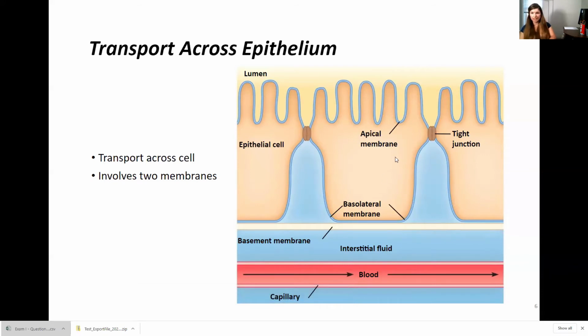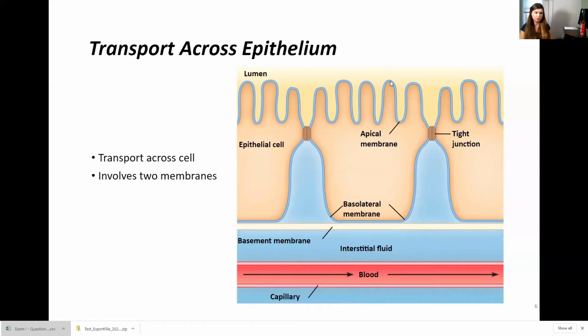Quick note, when we're looking at epithelium, we remember from Phys Lab that these are cells that are designed to create barriers, basically. So we're going to have tight junctions, tightly sewing our epithelial cells together. So what's usually not going to be the way that we get things across is stuff going between cells.